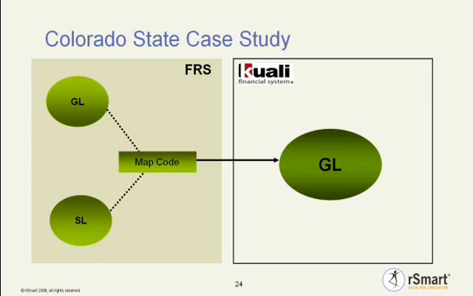So we pretty much knew the relationship in FRS by the map code and knew that every SL was really pretty much a subsidiary of what the GL for the nominal accounts, and we figured out a way to write scripts to map that over into one GL account or multiple GL accounts based on how we needed to handle it, working with each institution. In this case, it was Colorado State.